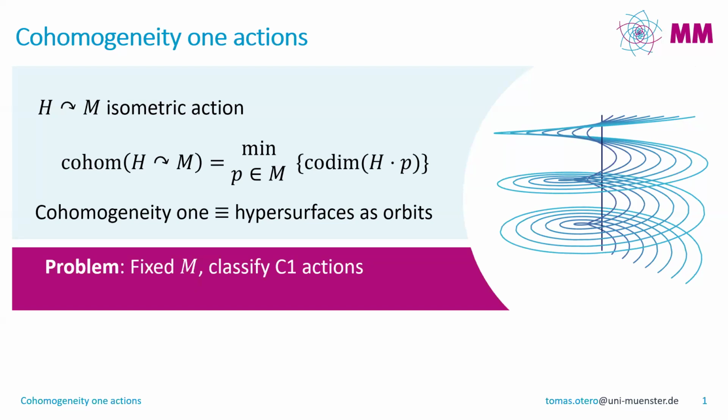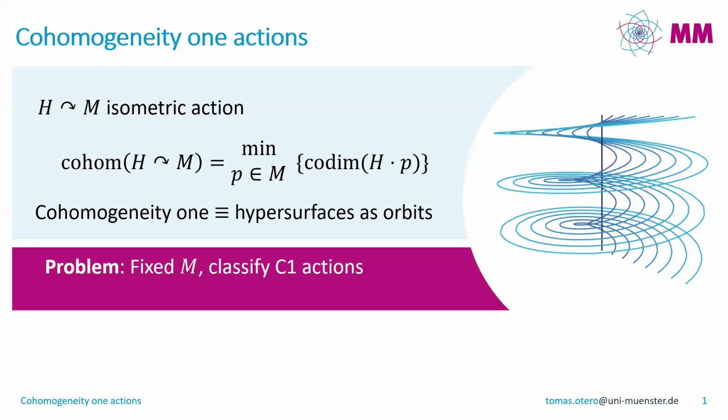And if one wants to avoid technicalities, it's a very harmless assumption to assume that H is a closed subgroup of the isometry group of M.